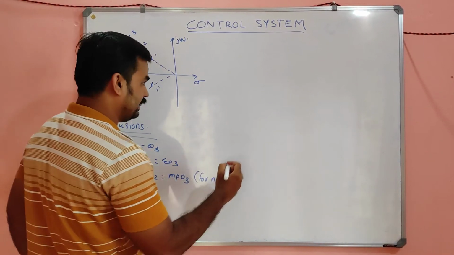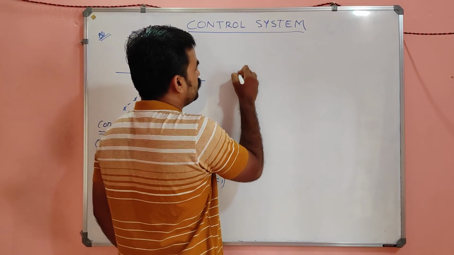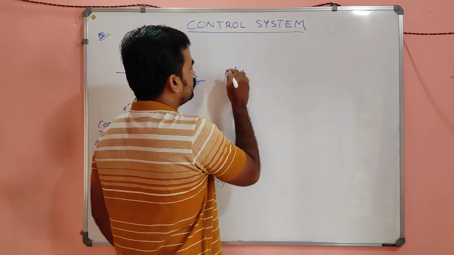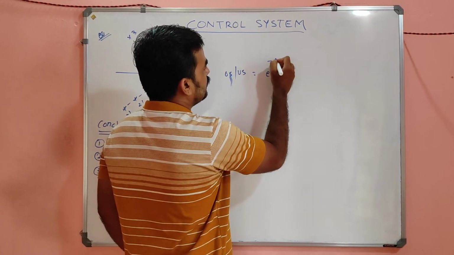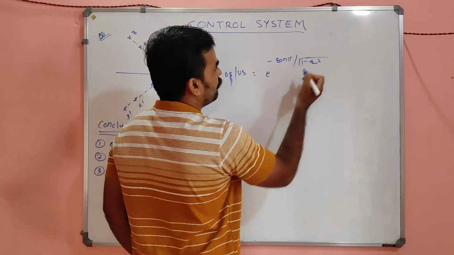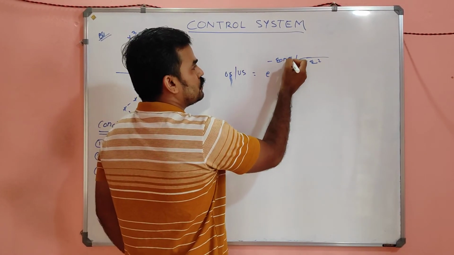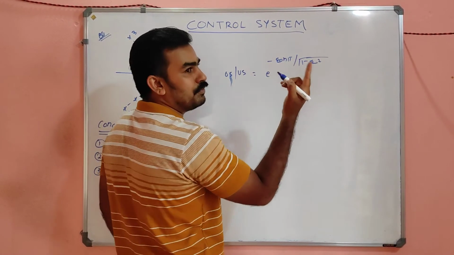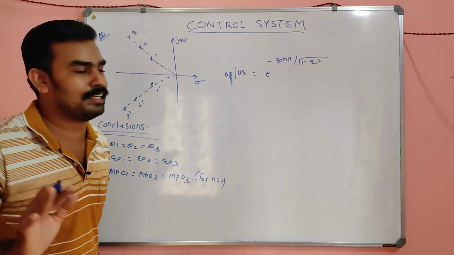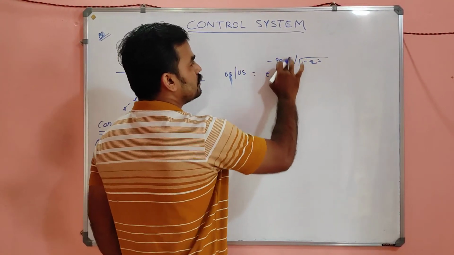See, what is the peak overshoot? Overshoot or undershoot equation: e raised to minus zeta n pi divided by root of 1 minus zeta square. So n equal to 1 is the first overshoot, that will be the maximum peak overshoot. So the maximum value will be at n equal to 1.